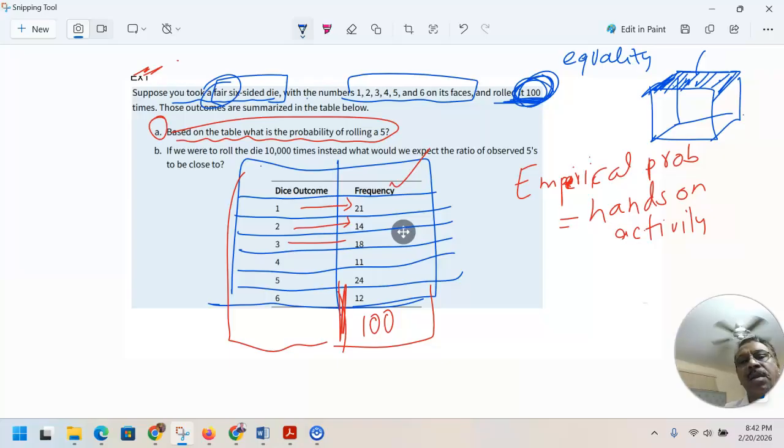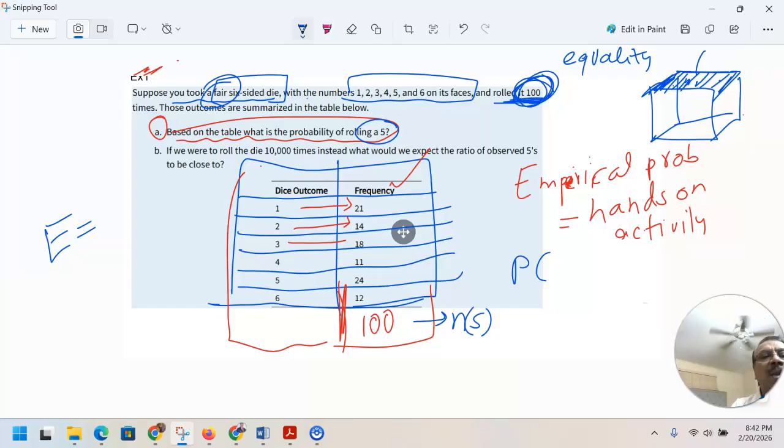When you do this, this is the sample space, n of S, 100 times. And then you want to know what is the probability that, let's say, the 5 shows up. So the event is that 5 shows up from the table.